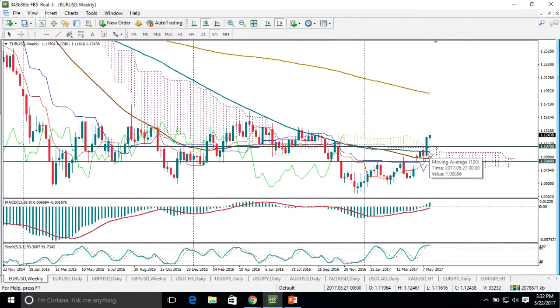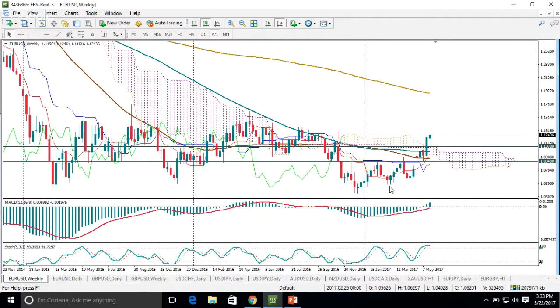Firstly, the 100-week moving average at 1.0990. Then the weekly Ichimoku cloud around 1.1070. And well, now we are trading above the 1.12 mark. So the picture is pretty positive.